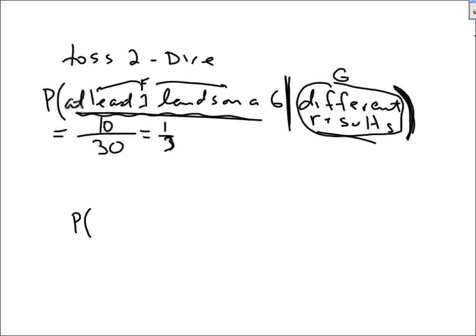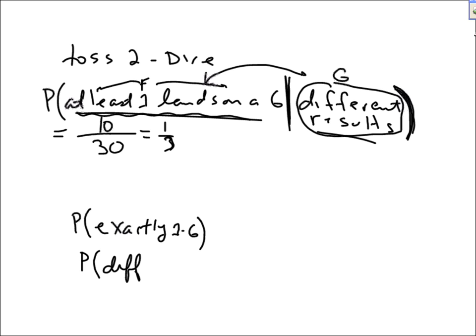Well, if they're different results, you're not going to get double 6s. So the intersection of these two is exactly 1 6. And we want to divide by the probability that you get different results.